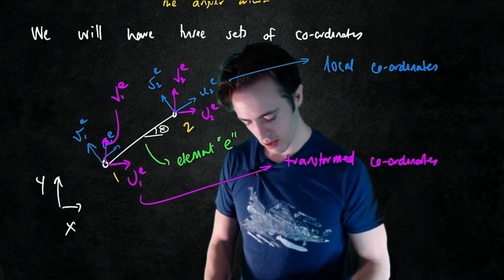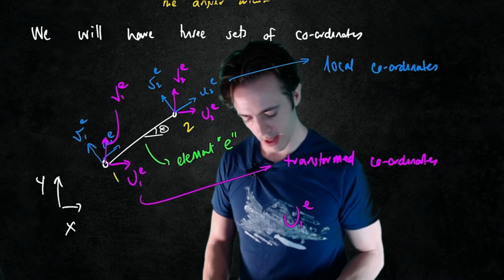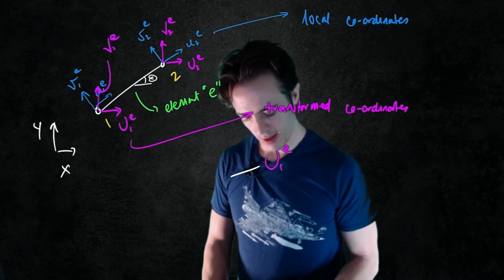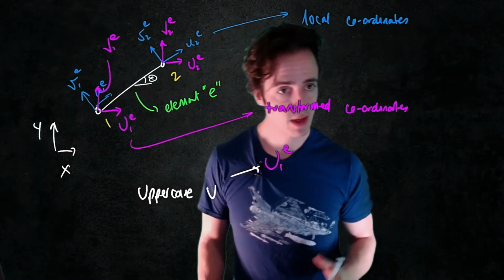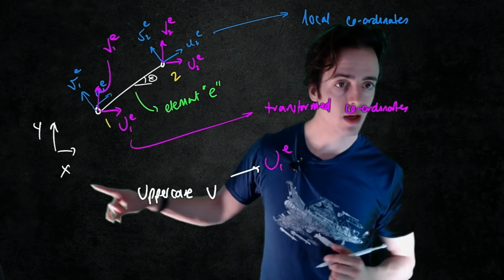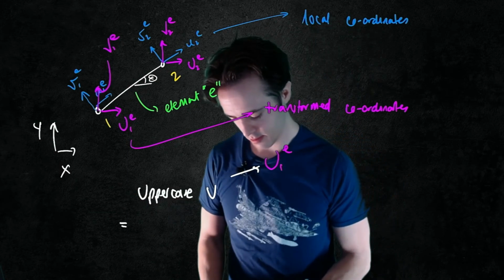So for example, u1e, the fact that it's an uppercase u1, so an uppercase u means it's a displacement aligned with the global x.